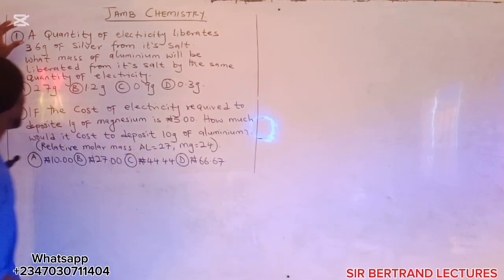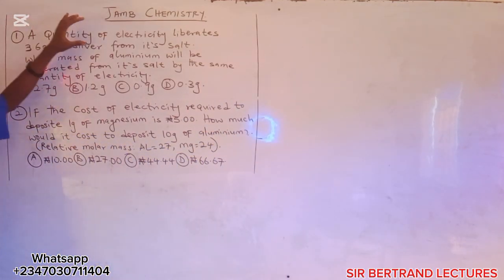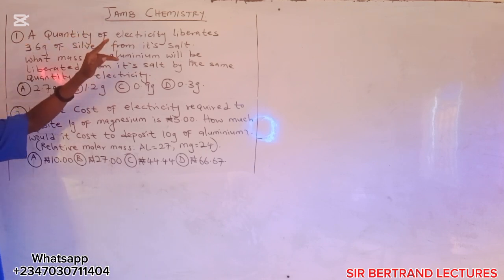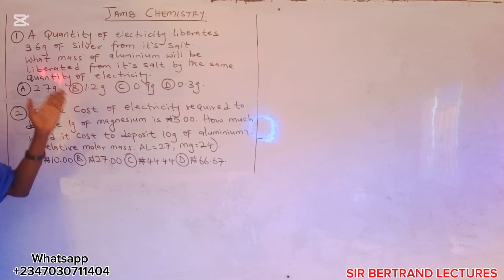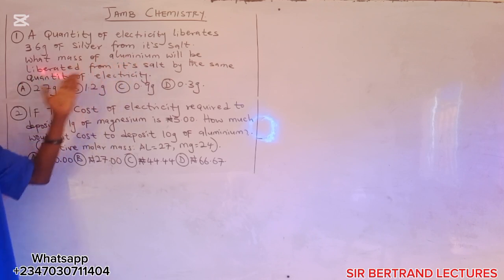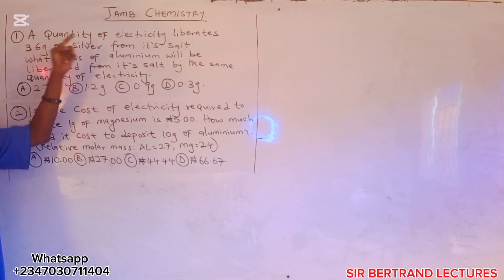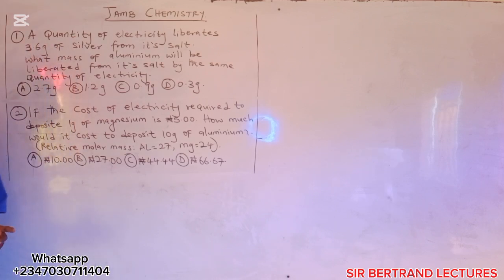A quantity of electricity, which is unknown, liberates 3.6 grams of silver. The question is asking us to calculate the mass of aluminium that will be liberated by the same quantity of electricity which liberated 3.6 grams of silver. So what are we going to do?